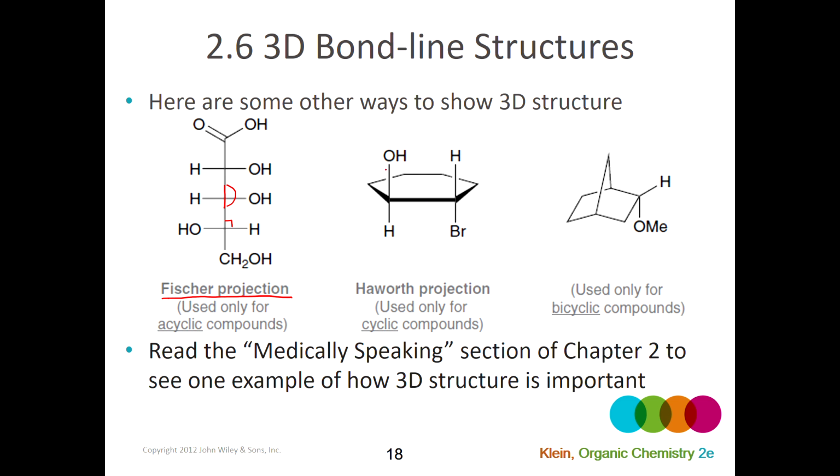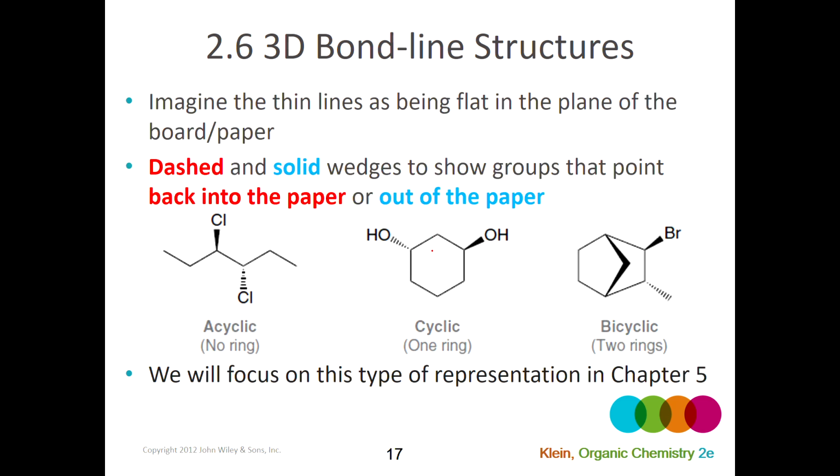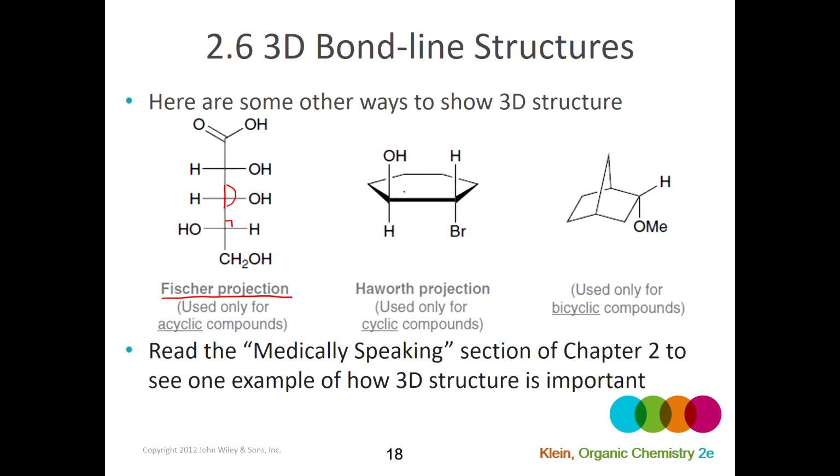Here's another way to show the ring, right? So comparatively, over here we had this ring. The carbons of the ring were in the plane of the screen, and the OH groups were pointing either out at me or back behind. Over here, I've got the opposite. I've got the OH and the hydrogens in the plane of the paper, and I've got the ring 3-dimensional.